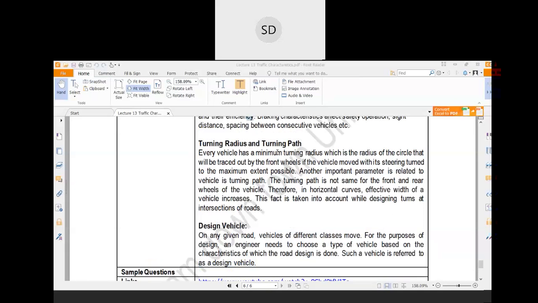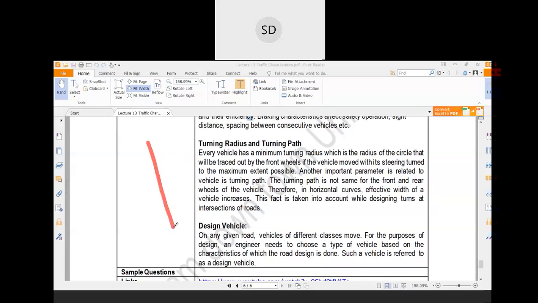So basically it is an assumed parameter to calculate different traffic characteristics. For example, traffic flow is defined as the number of vehicles which cross a particular section.